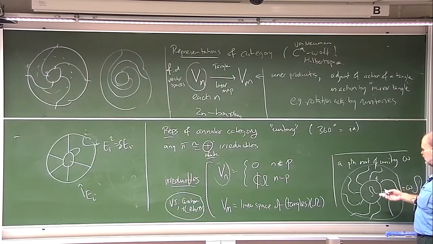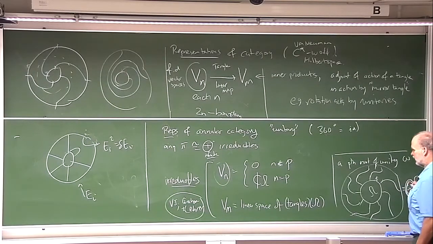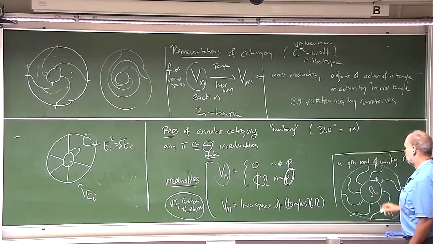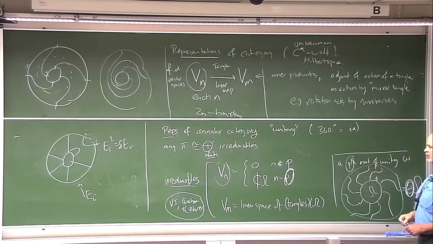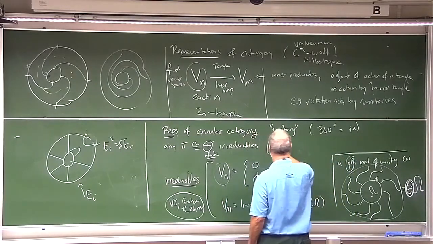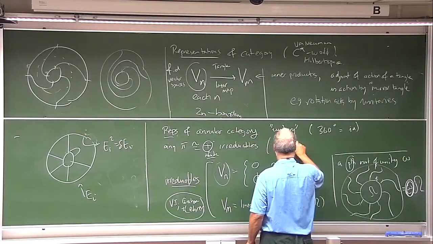This omega has to be an eigenvector for the rotation. So these two parameters, omega and p, completely classify all of these annular representations. Is delta fixed? Yes, delta is fixed.